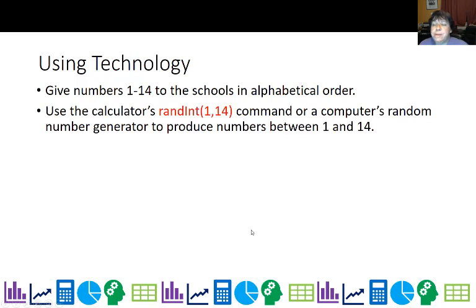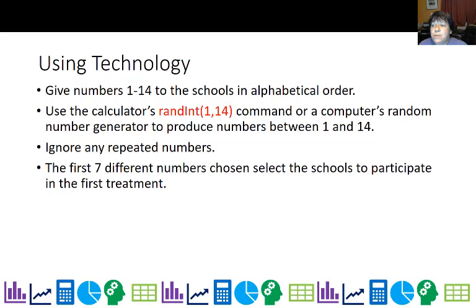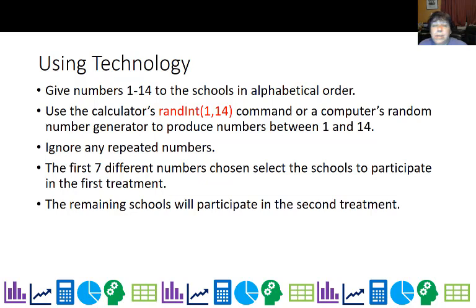And then we use a random integer function, which is under math, PRB, and generate random numbers. So you can say, give me random numbers from 1 through 14. Make sure to ignore any repeated numbers. It's not like a school's going to participate twice. And once the first 7 different numbers are chosen, those are the ones in the first treatment group. And the second group, the rest go in the second treatment group.